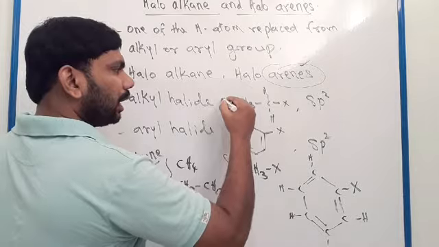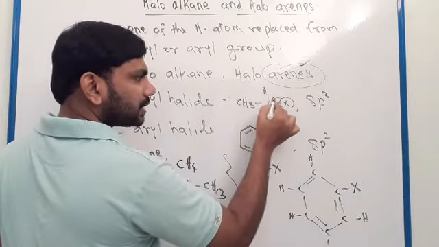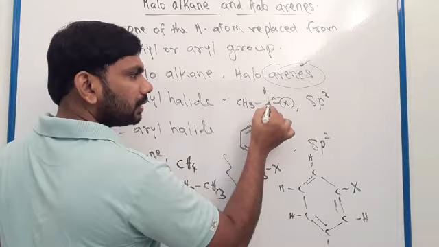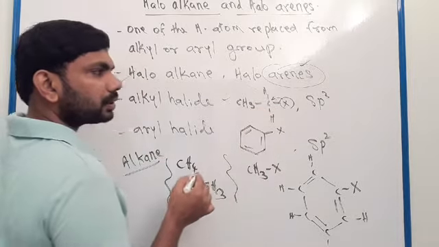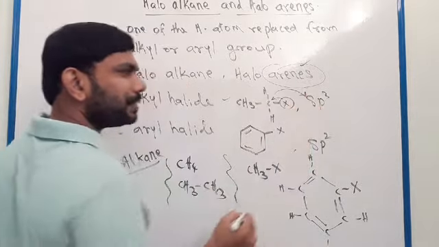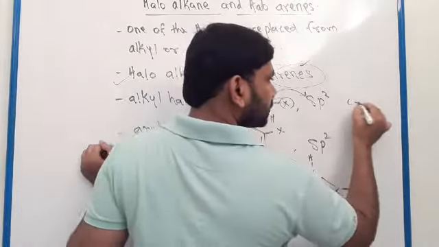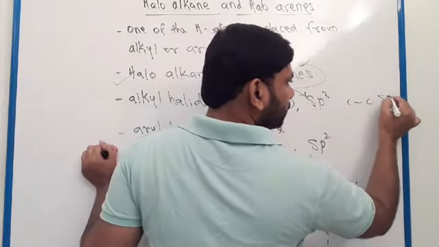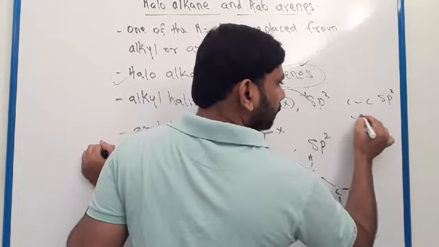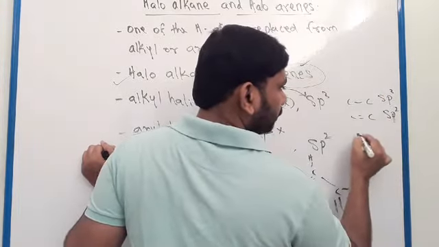Look here, this is haloalkane. Here halogen is directly attached to a carbon atom. Carbon single bond, this carbon is sp3 hybridized. Carbon double bond is sp2 hybridization.